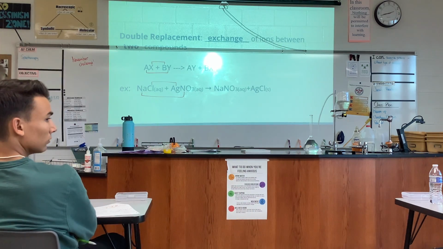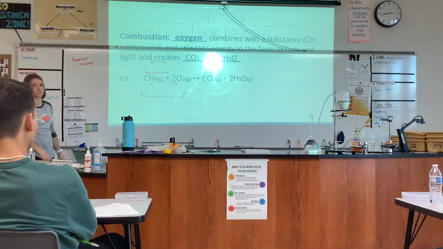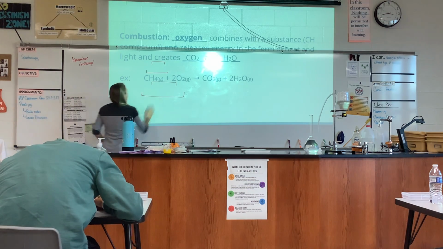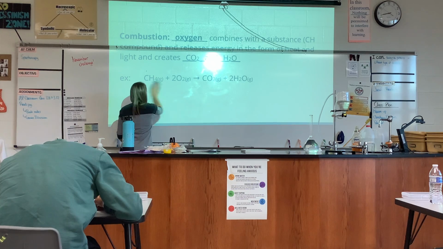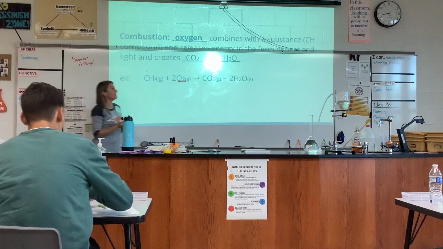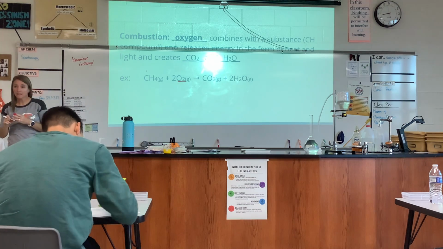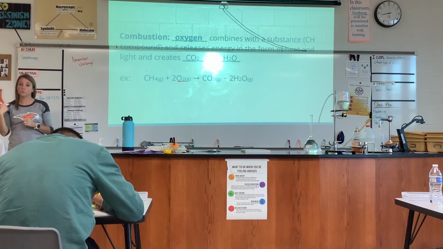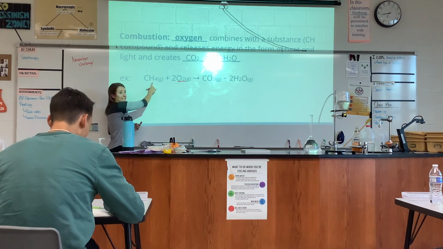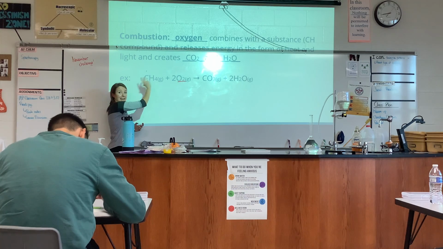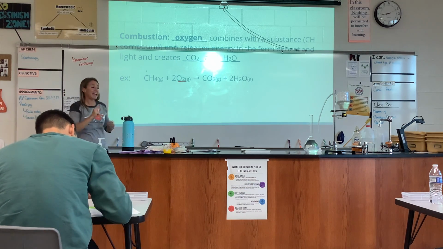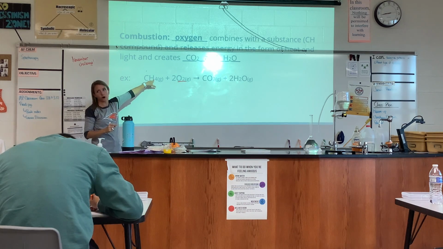So the last type of reaction we have are known as combustion reactions. Combustion reactions always have oxygen as a reactant. You have to have oxygen. C, H, and O, right? But it has to have C and H. We call them a hydrocarbon.